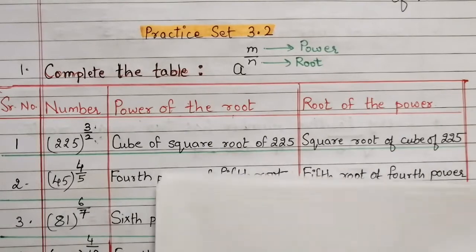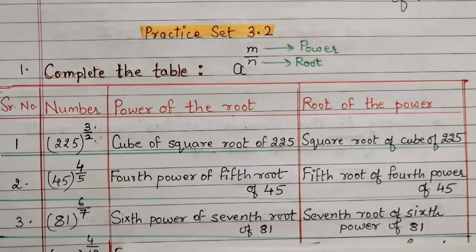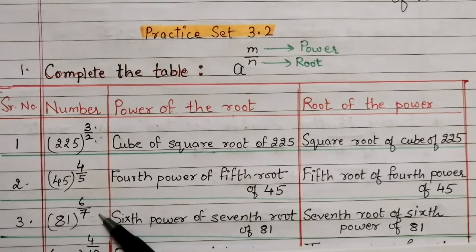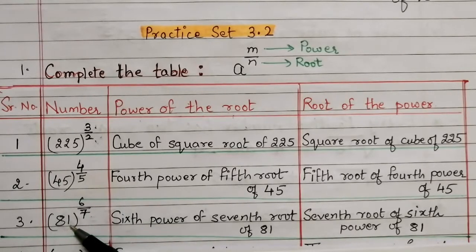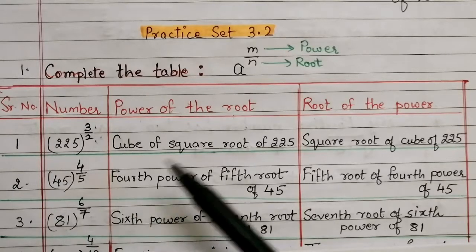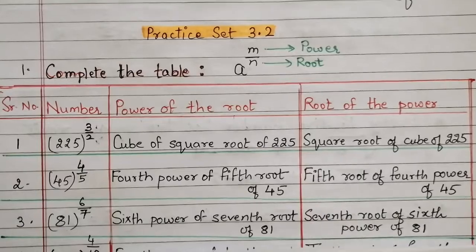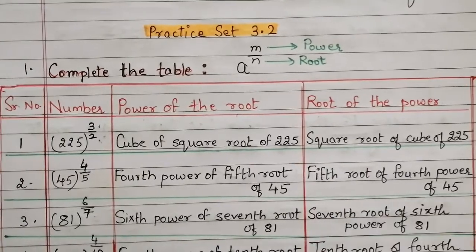Next sum, the third one: sixth power of seventh root of 81, and seventh root of sixth power of 81. So now you have got it very clear how to do it. Now see examples 4 and 5 also in this table.